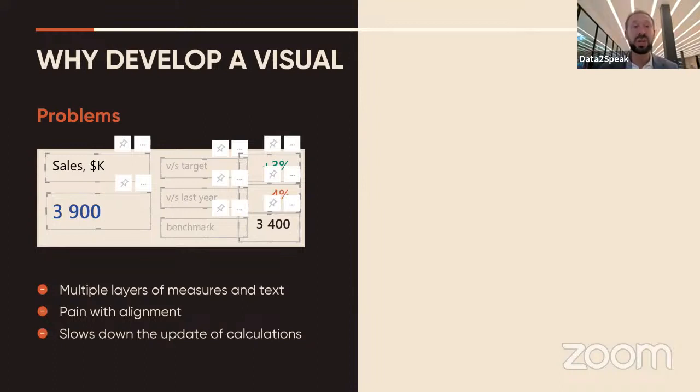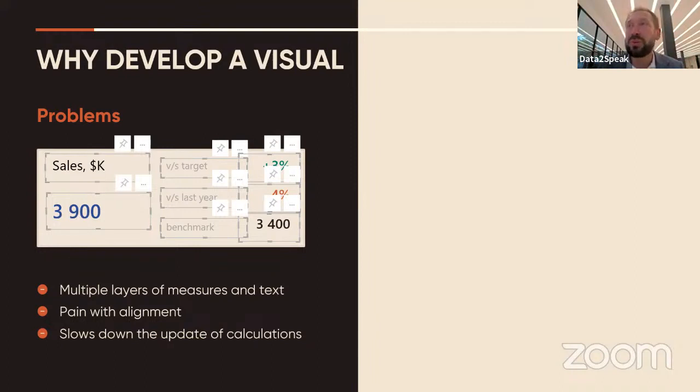We just display indicators versus target, versus last year, and we display the absolute value of the benchmark. But to make it clear, to align all the titles, it requires using single text labels, single cards, and finally here we have 8 objects.